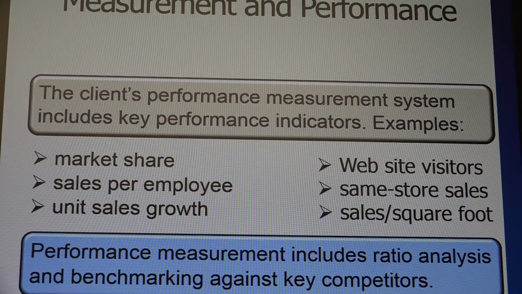They may measure performance by how much each salesman sells, possibly unit sales growth. A couple of others, website visitors may be important to some companies. Same store sales and sales by square foot.